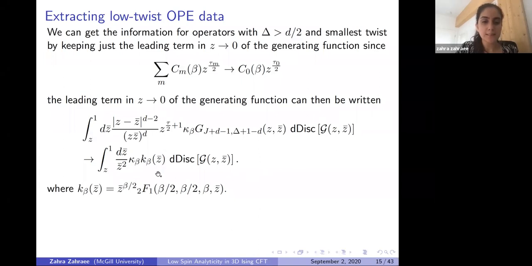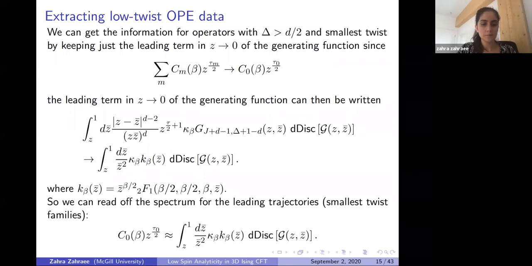Here, the dependence on tau is canceled, and the dependence on z is just through the interval of the integral. Here, k beta is just the SL2R block, which is a 2F1 function. Now equating both sides in the z goes to 0 limit, we recover the generating function for the leading trajectories, the families of smallest twist. This is the formula we will use for the sigma sigma 0 family for beta far from the intercept.